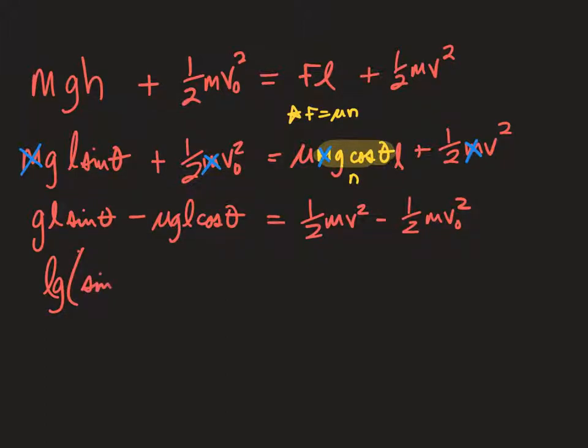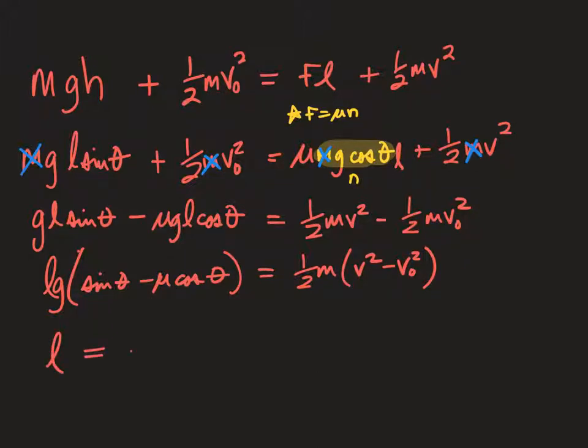And we'll have g(sin theta minus mu cosine theta) L equals 1/2 m (v squared minus v naught squared). So in the end, L, something that we need to know, will be, oh, I brought mass back in after I took it out. Excuse me.